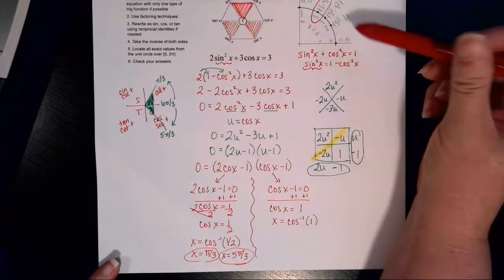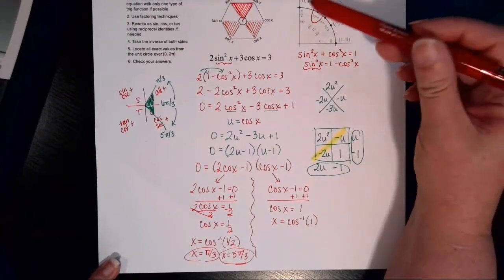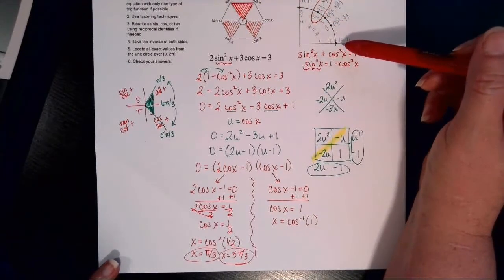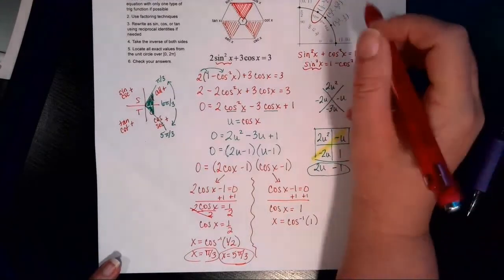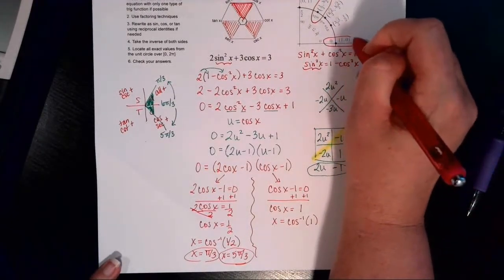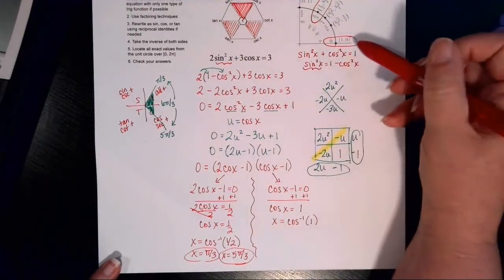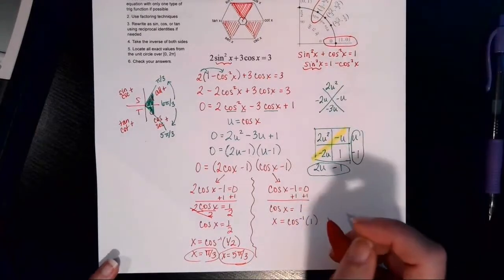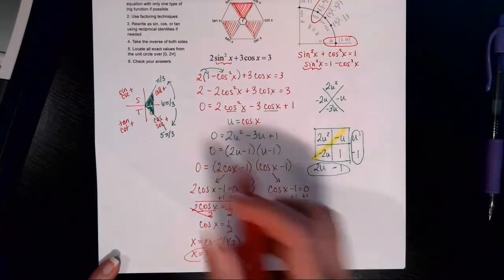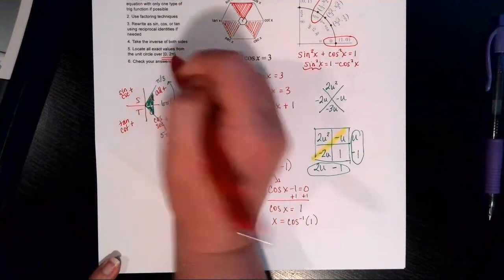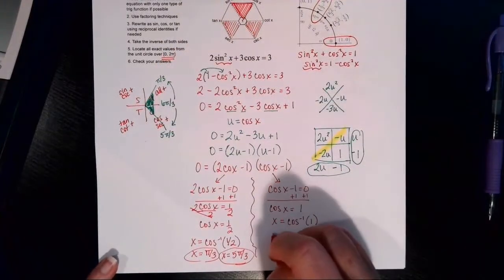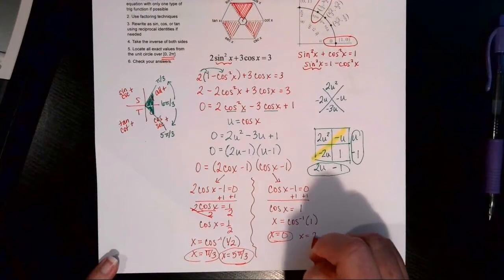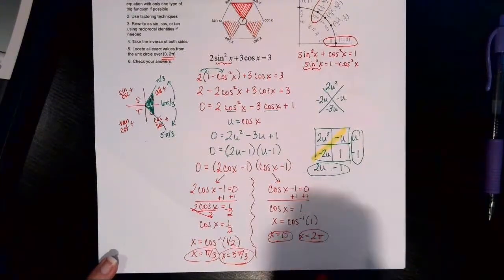And looking at our first quadrant of the circle, remember the cosine is the x coordinate, and that value at 0 radians has an x coordinate of 1. And in the interval that we're interested in, because we're going from 0 to 2 pi here, those would be 0 radians and 2 pi radians.